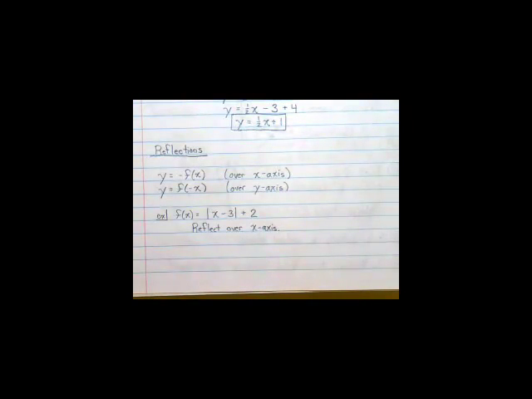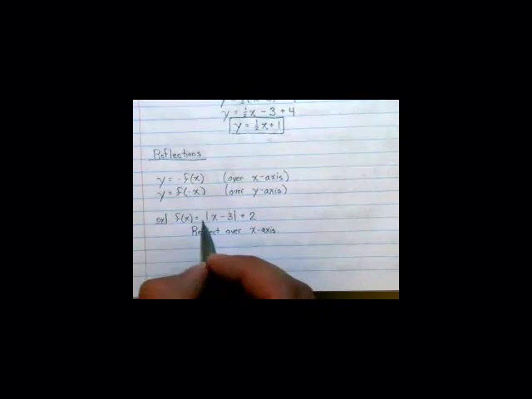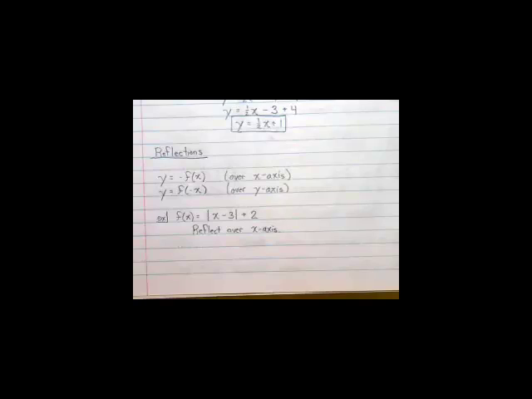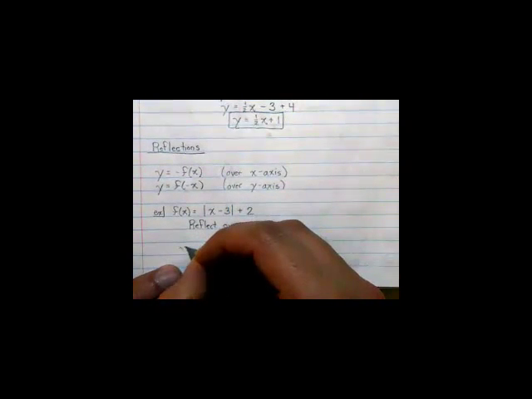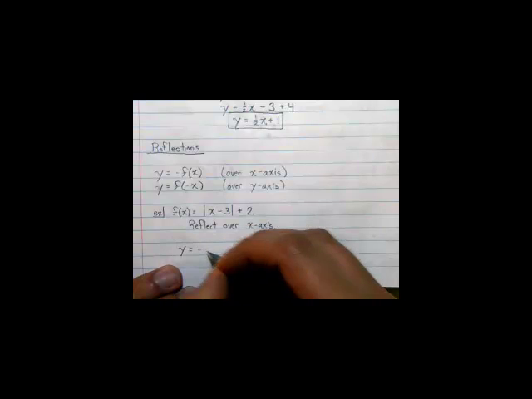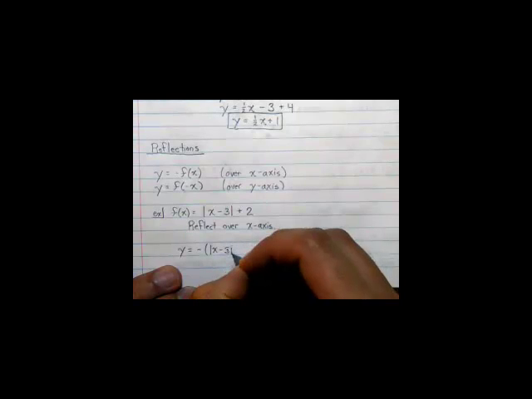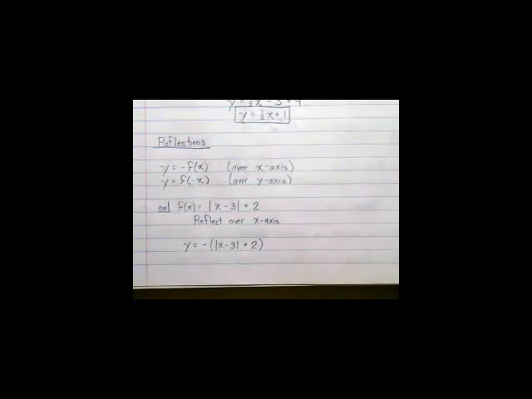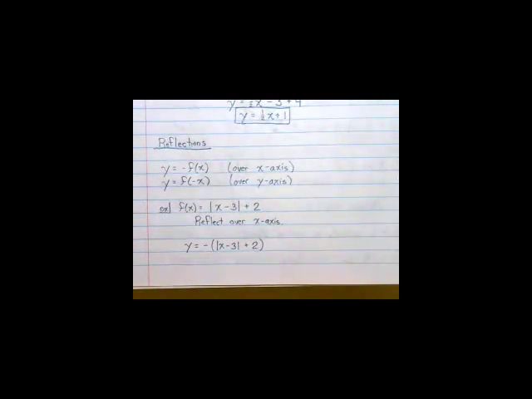But you have to be a little careful, though, because it's not just a negative in front right here. The entire thing is negative. So it's going to look something like this. It's going to be y equals negative, and then just to show you what I'm talking about, I'm going to make some parentheses here. So it's that entire equation, not just the first little piece of it, but the whole thing, negative in front of it. And by writing it this way, it makes it obvious what we've got to do.